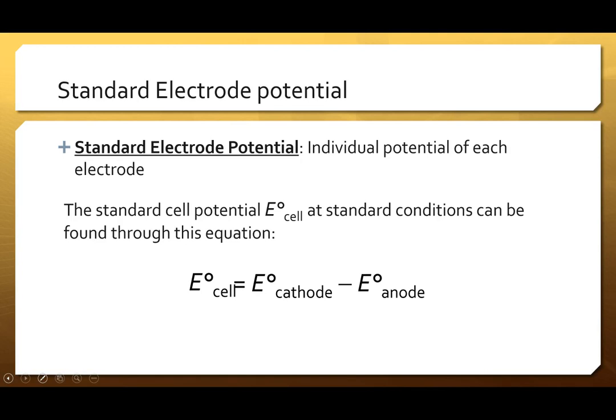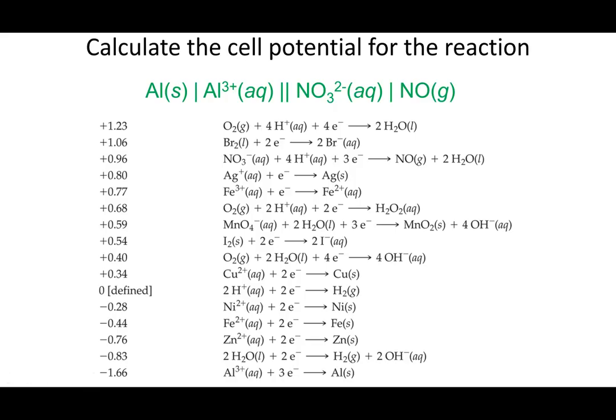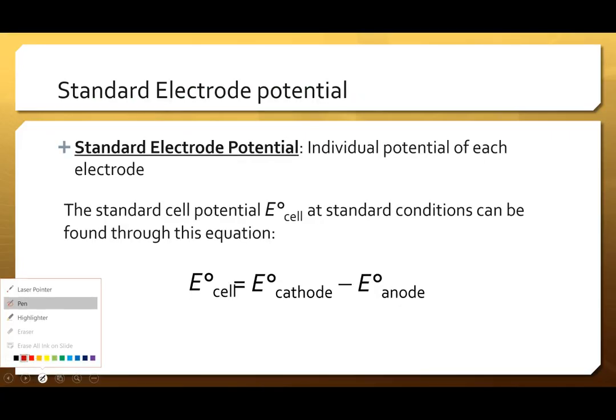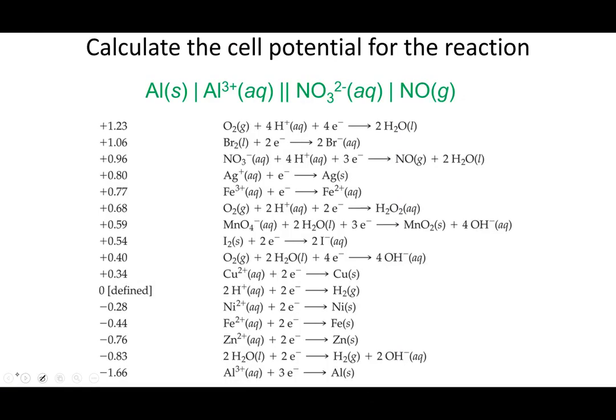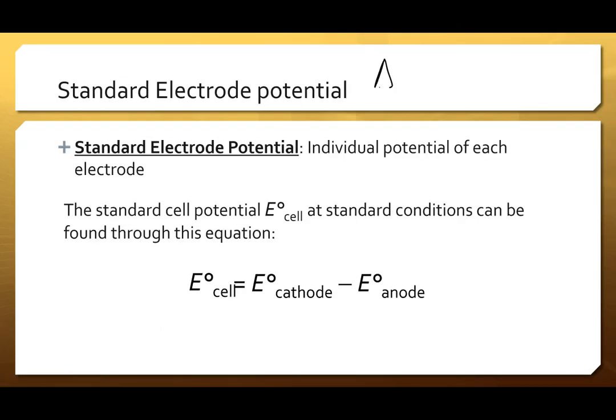So the standard potential for the cell can be found through the following equation. It's going to be cathode minus anode. Again, we've talked about this from Gen Chem 1. When we look at the change in anything, so change in temperature, it's always final minus initial.